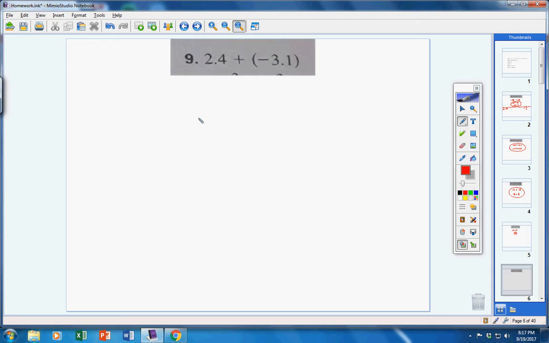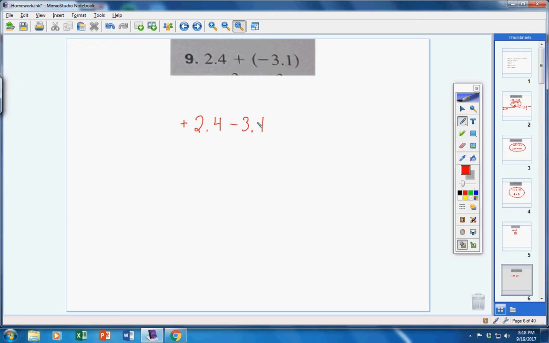Number 9, I have a positive 2.4, okay? Then I have a 3.1 with different signs, a positive and a negative. So that means the 3.1 is negative. Now, I have a positive 2.4. I'm paying off this much of a debt.